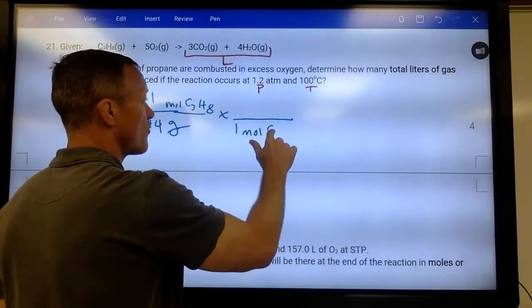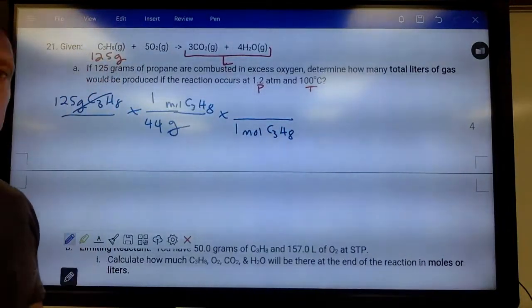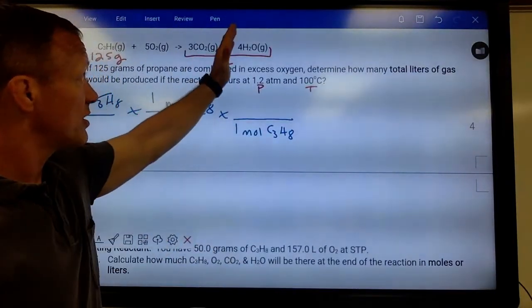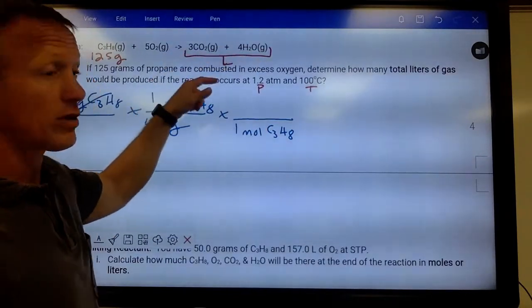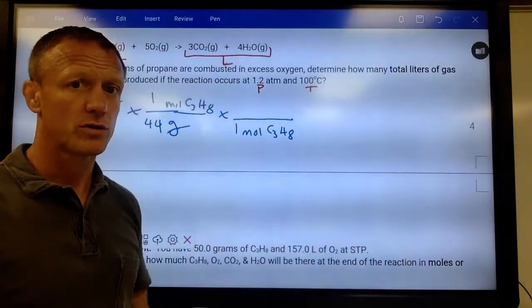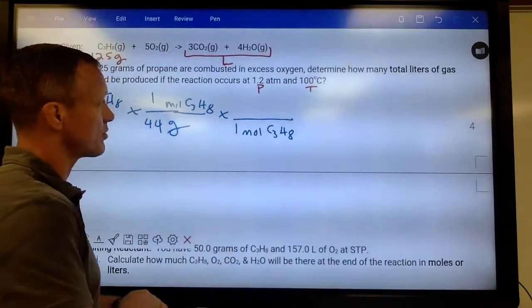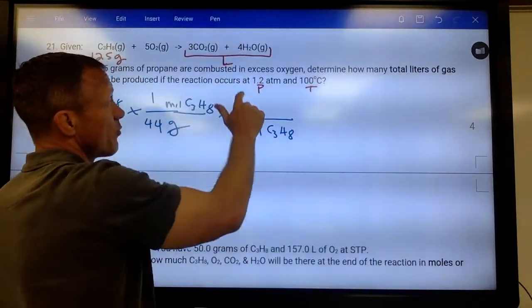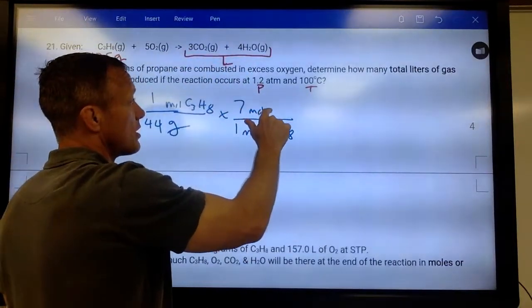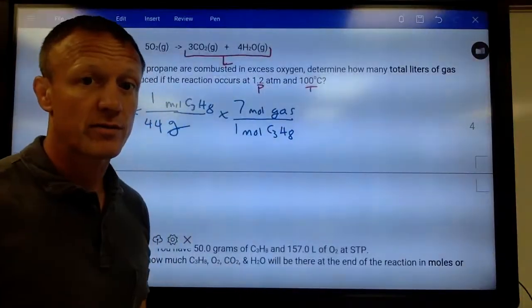For every 1 mole of propane that burns, if I wanted one of these individually, I would do either 3 moles of carbon dioxide or 4 moles of water. It wants total liters, so let's just do total moles, because moles of gas all take up the same amount of space at the same temperature and pressure. So for every 1 mole of propane that burns, we make 3 plus 4, 7 moles of gas.